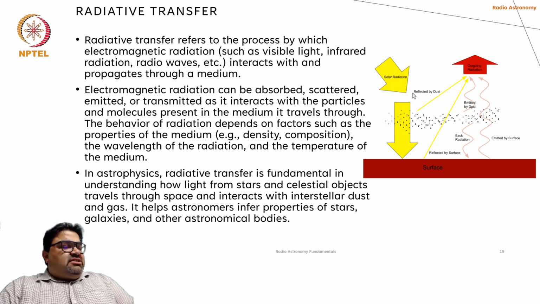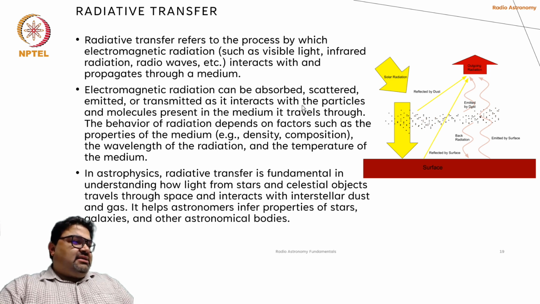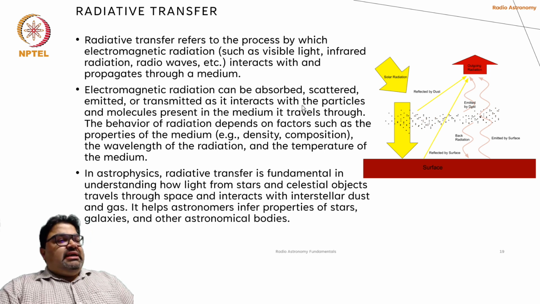Alright, so radiative transfer refers to the process by which electromagnetic radiation interacts with and propagates through a medium. Electromagnetic radiation can be absorbed, scattered, emitted, or transmitted as it interacts with the particles and molecules present in the medium it travels through.